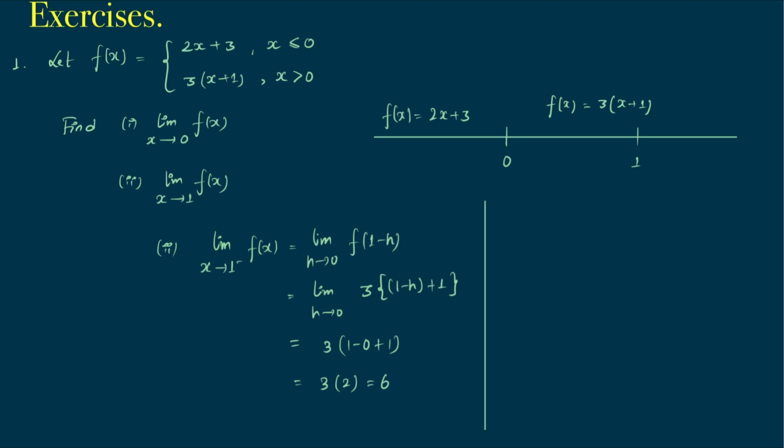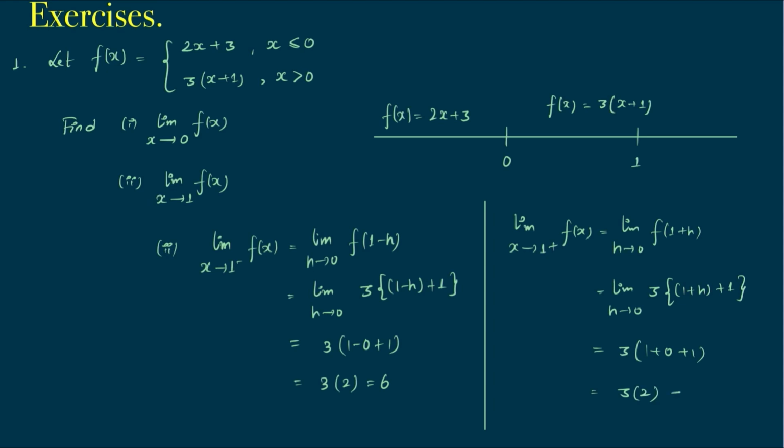Now let me check the right hand limit. Limit x tends to 1 plus f(x) equals limit h tends to 0 of f(1 plus h), and since the function is the same, here also I will use this particular function. So it will be 3 into (1 plus h) plus 1. Now put the value of h as 0, you will get 3 into (1 plus 0) plus 1, which ends up as 3 into 2, and that is also 6.